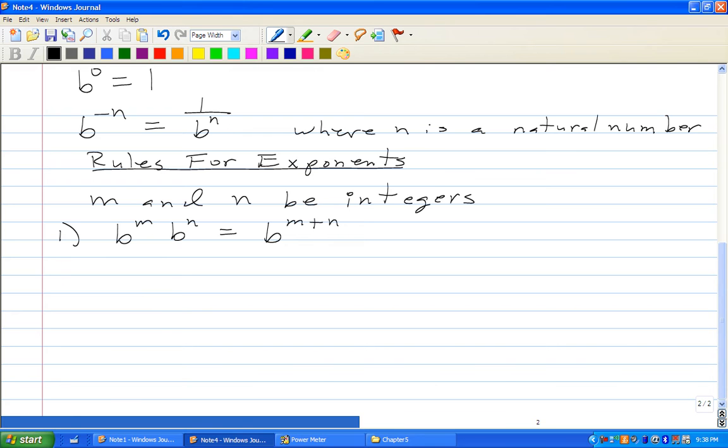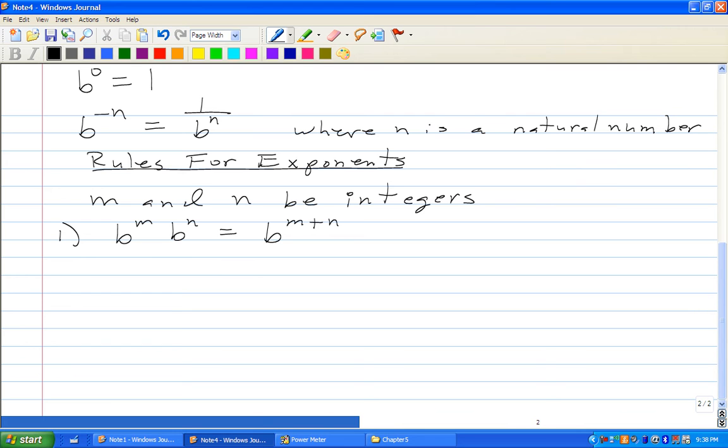For example, suppose b were 0 and I had a negative exponent, then this is still a true statement whenever it exists, and if it doesn't exist, then well, it doesn't exist.